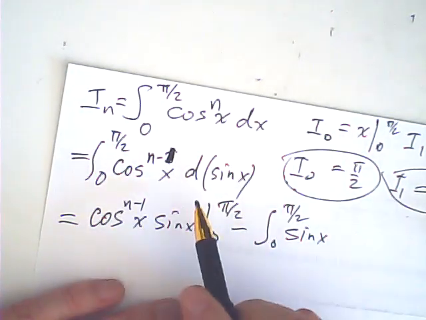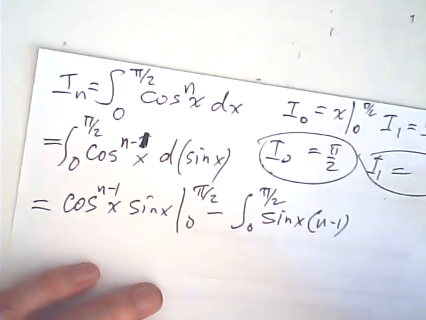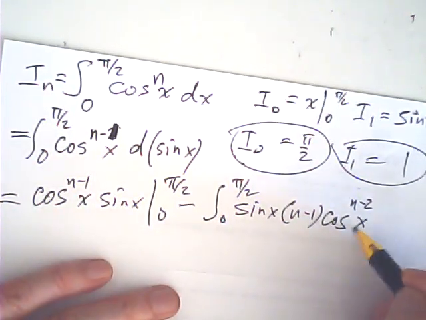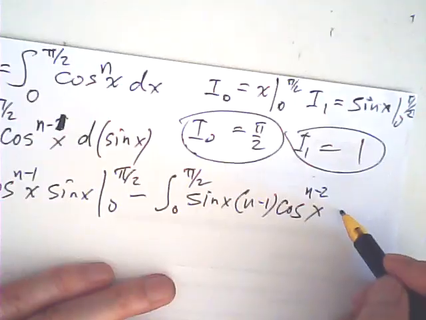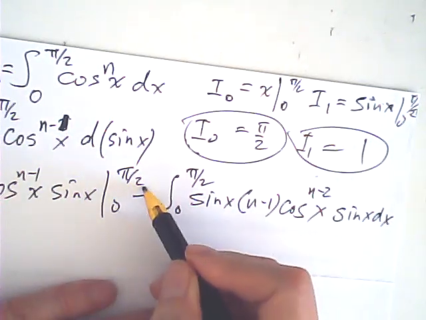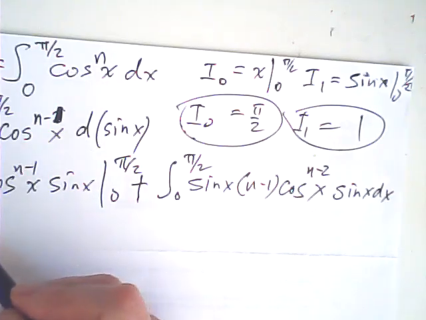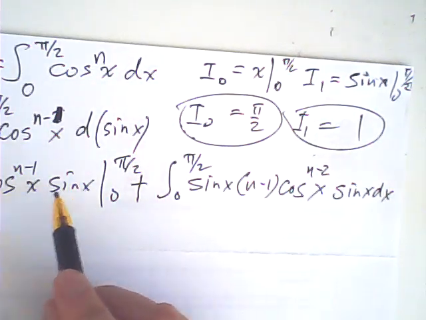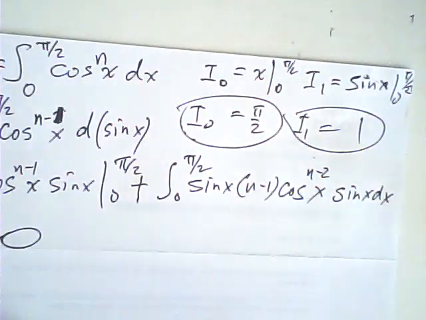Sine x. dU is n minus 1 cosine n minus 2 times the derivative of the cosine, which is negative sine x. I change this to plus, right? Negative. So this one is equal to, this is 1. Cosine half pi is 0. This is 0, right? Okay.